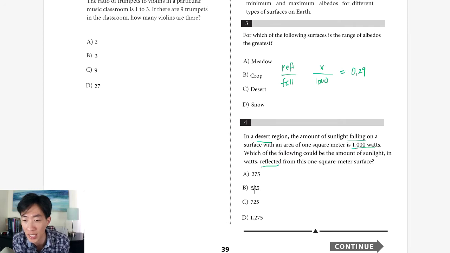So just by glancing at this, we need something divided by 1,000 equals about 1/3. So you can kind of just eyeball that, and you know the answer is going to be A, because 275 is a little less than 1/3 of 1,000, which would be like 333. So that would make sense to give us a number like 0.29, and that's why A is going to be the answer. Notice you could also use 0.26, and you can eyeball it, and you get the same number.